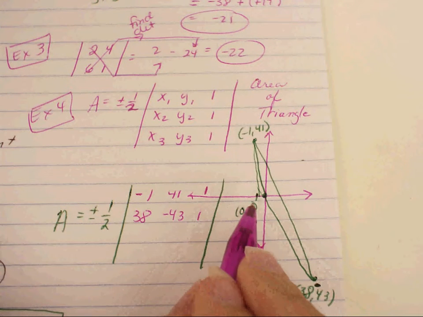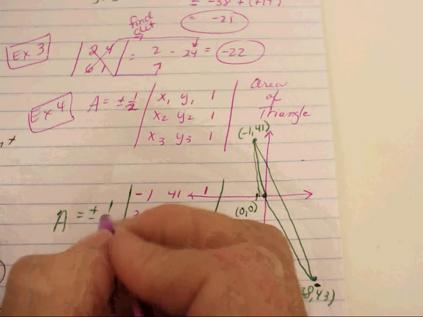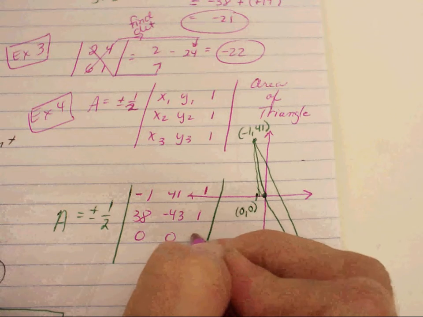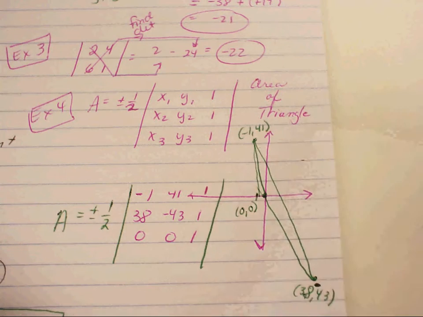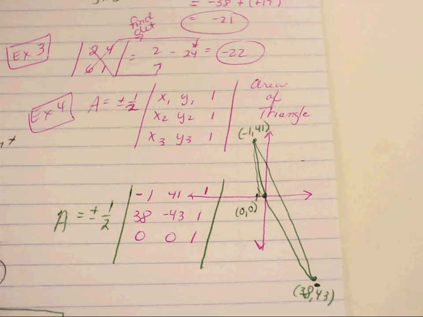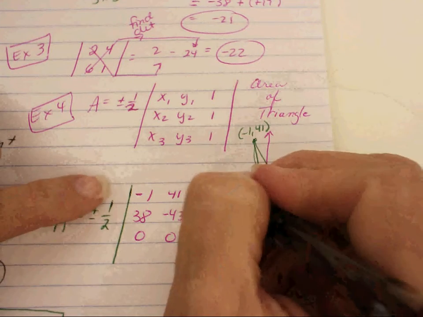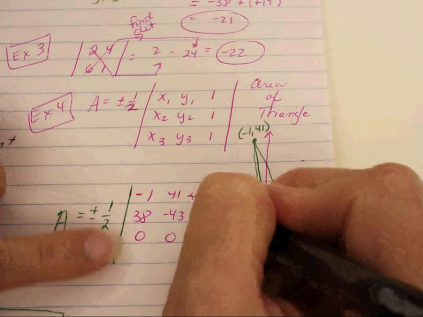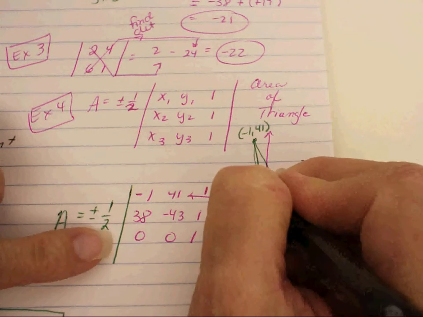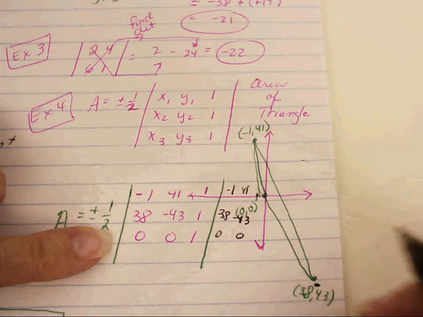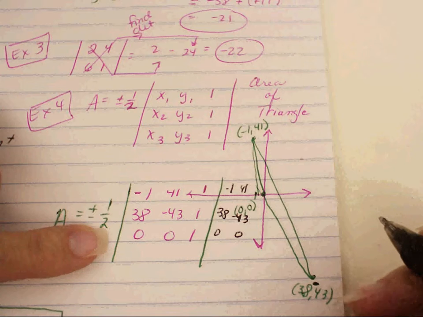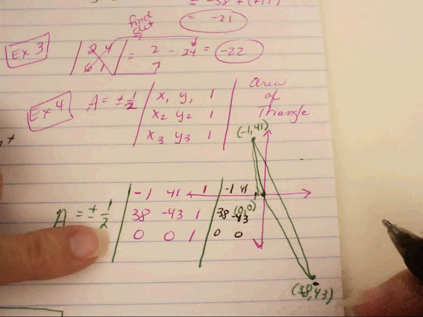So my highest point on a coordinate plane is (-1, 41), and then I need my placeholder 1. If I'm going clockwise, what would point 2 be? Be careful here because I have the little negative above it. x2, y2 would be (38, -43). Then your placeholder 1.